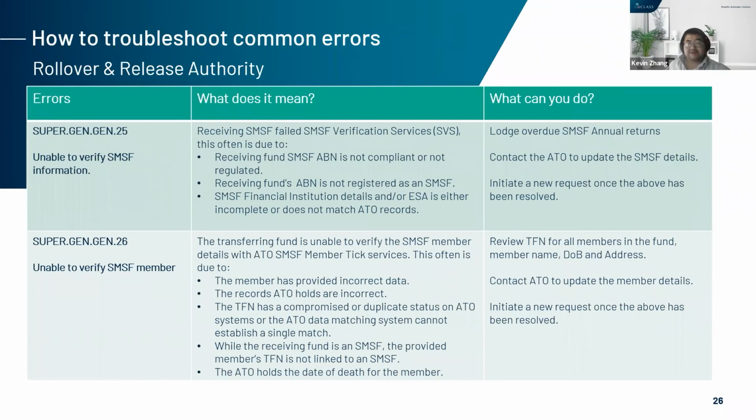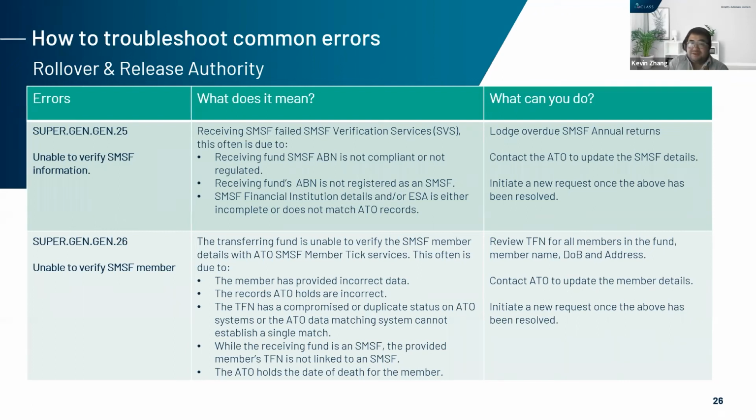Now, what I did here is I put down some of the common errors that you likely experience with rollover and release authority, including the one I showed you just then. The first one is you often get this SuperGen reference number, and unable to verify self-managed super fund information.